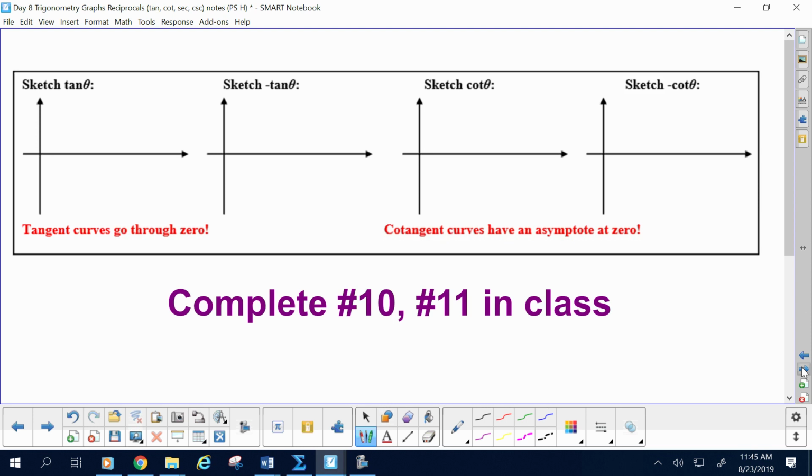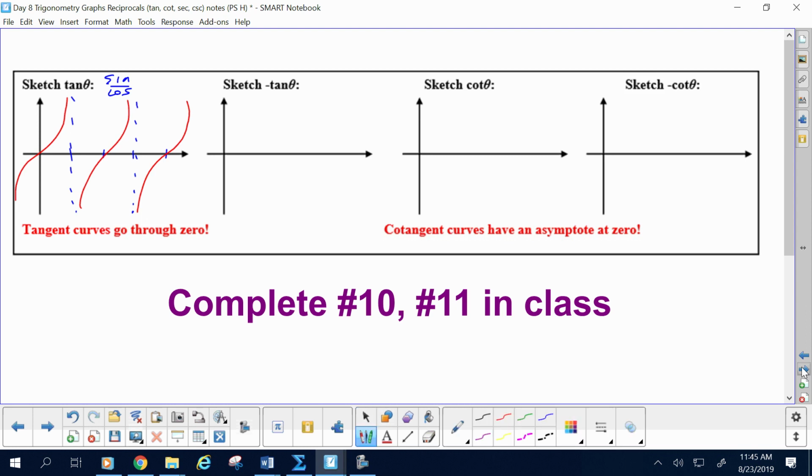Tangent. Where are the asymptotes? Sine over cosine. Where cosine is 0. Pi over 2 and 3 pi over 2. And the curves go through 0, bending that way.